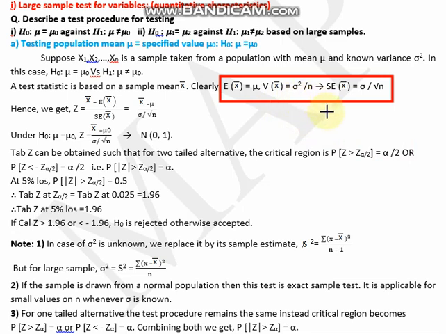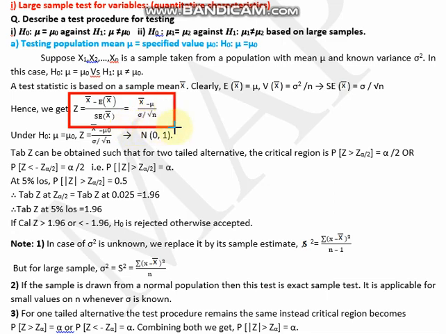And as per the central limit theorem, we can show that z is nothing but x bar minus expectation of x bar, divided by the standard error of x bar. So this is my z statistic value, and since I know that expectation of x bar is equal to mu and variance of x bar is sigma square upon n, if I put these values in the central limit theorem, z becomes x bar minus mu divided by sigma upon root n.